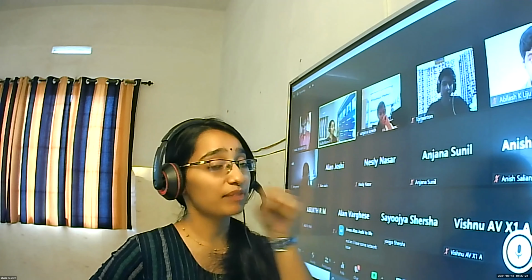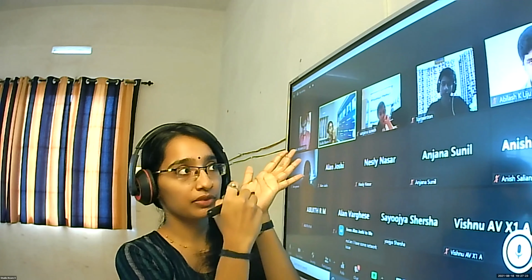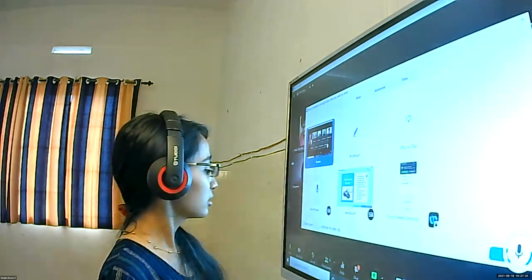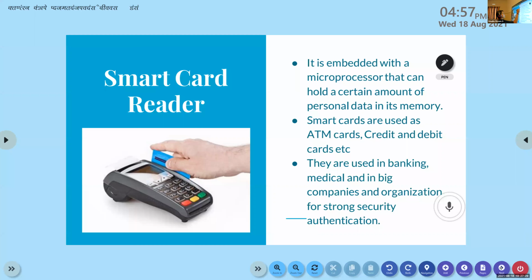What is a smart card? It consists of a microprocessor. Have you seen that? Yes. So smart card is embedded with a microprocessor that holds a certain amount of personal data in its memory, isn't it? Will it hold your personal details?